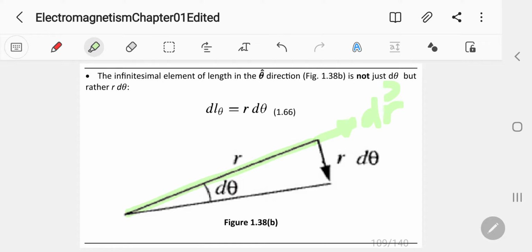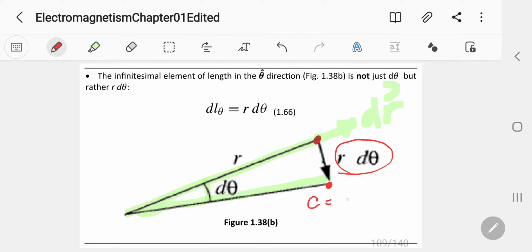And when you move a bit from r by an angle d theta here, your displacement from this point to this point will just be r d theta. You have the sector, right?